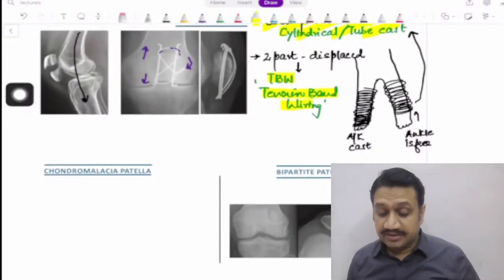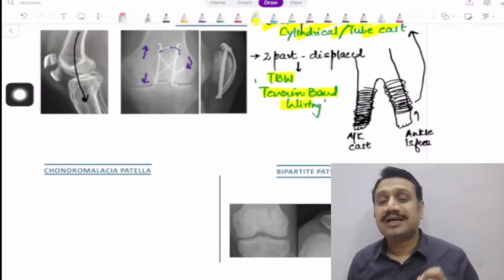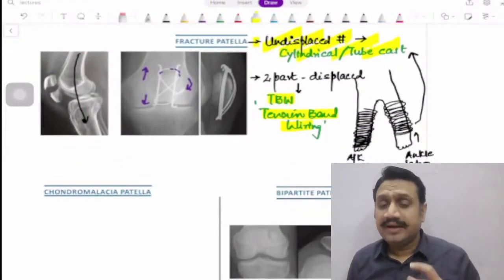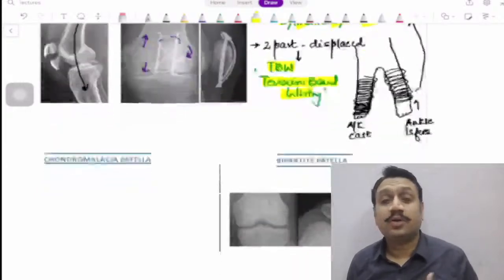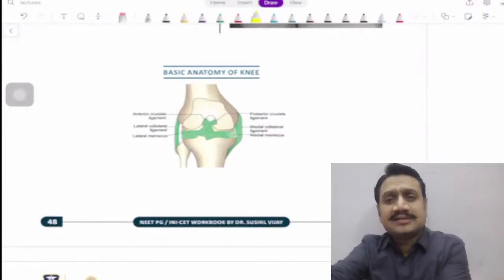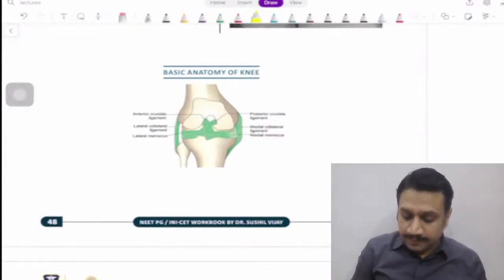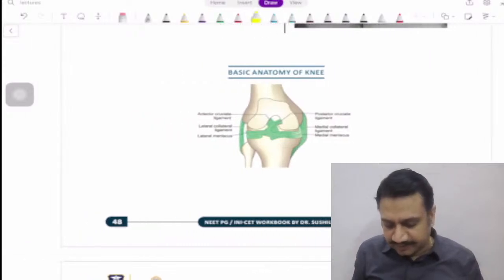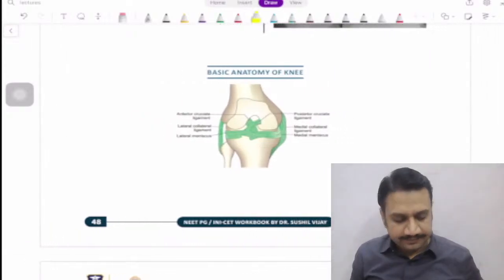In the knee, please do remember how the structures are arranged inside the knee: anterior cruciate, posterior cruciate, meniscus, where all these structures are. I hope you are all aware of the mnemonic we learn. When you look at the upper surface of the tibia, with one side anterior and the other posterior, how are all the structures arranged?